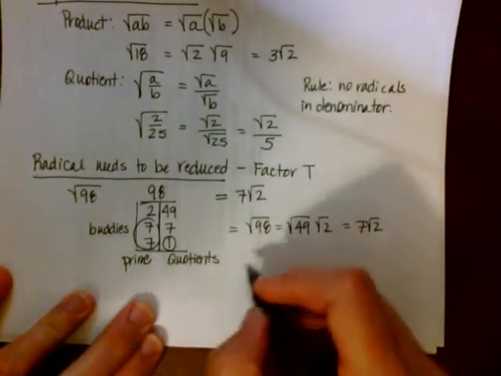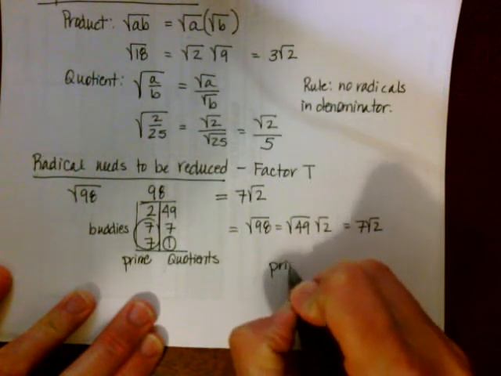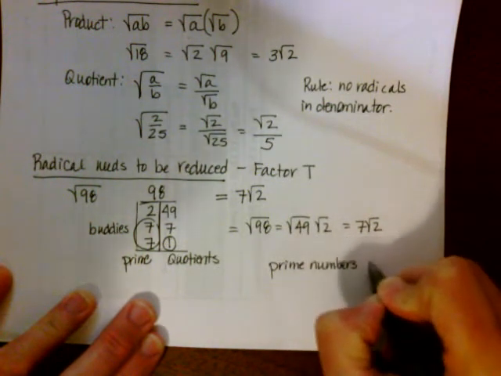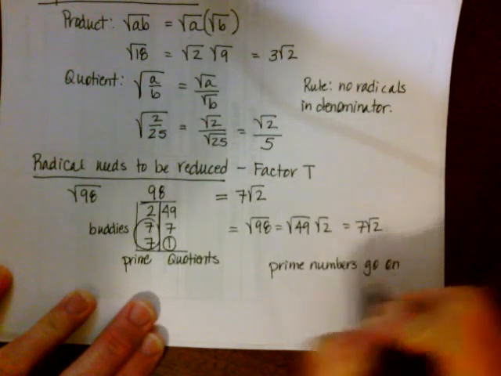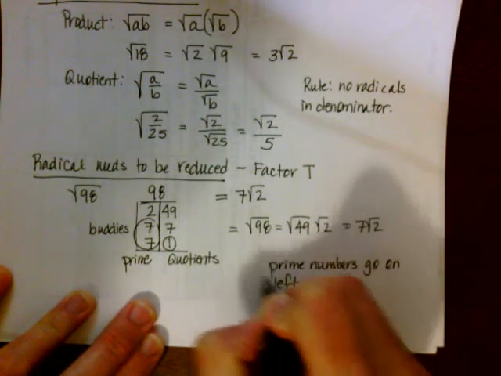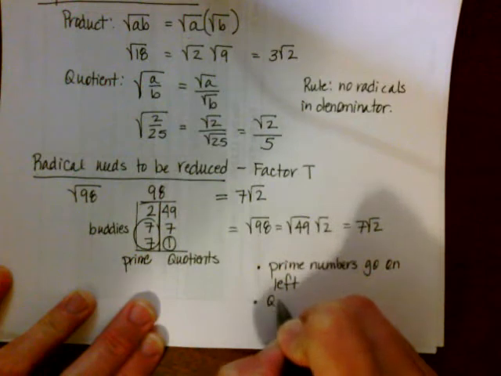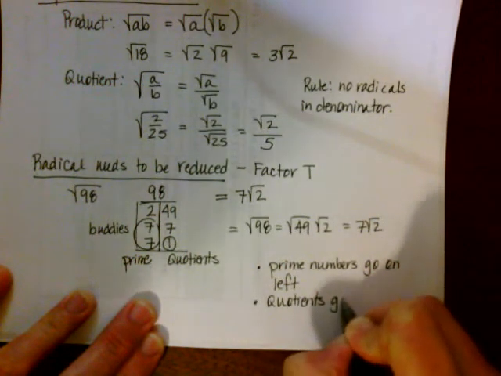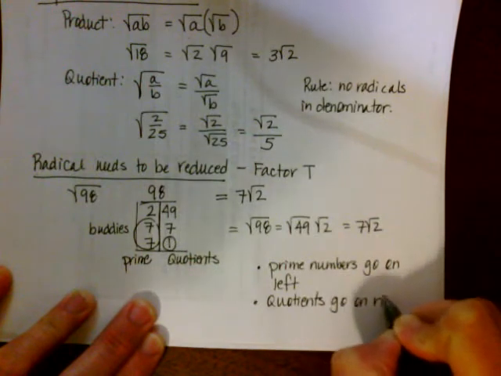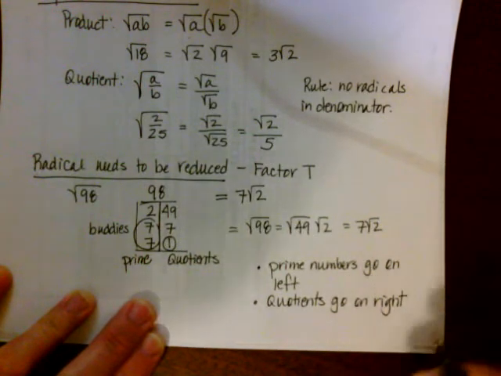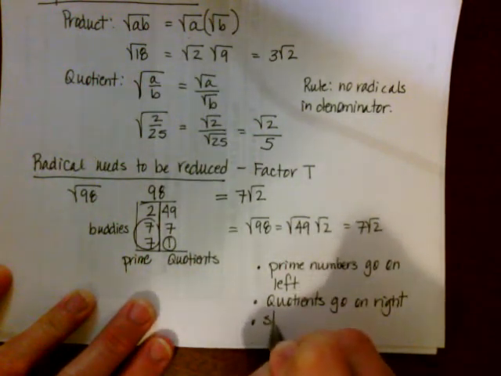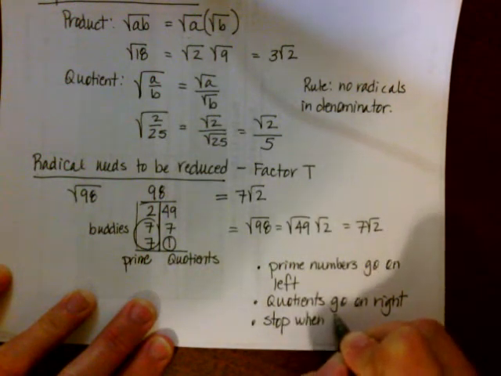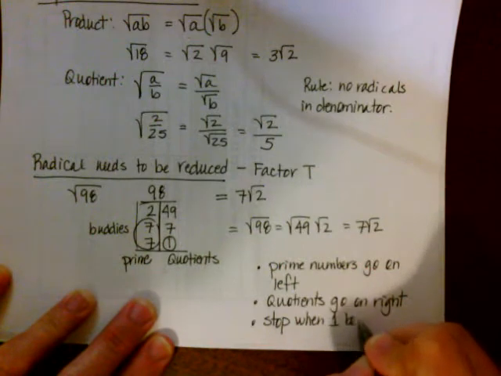So just to review this one, your prime numbers go on the left, and then your quotients go on the right. Okay, and then you get to stop when you have a 1 on the bottom right.